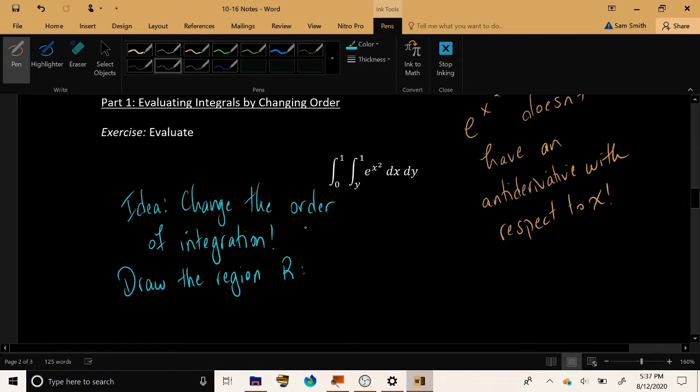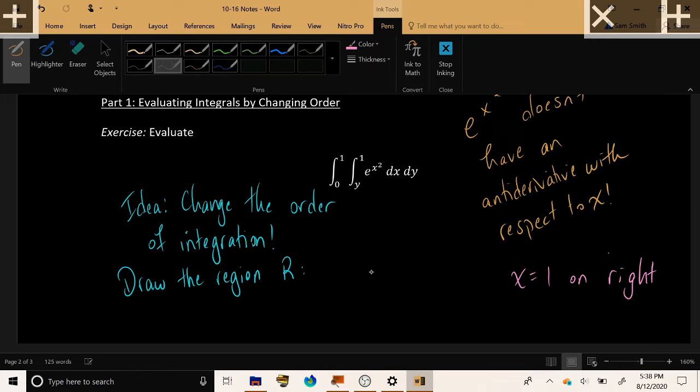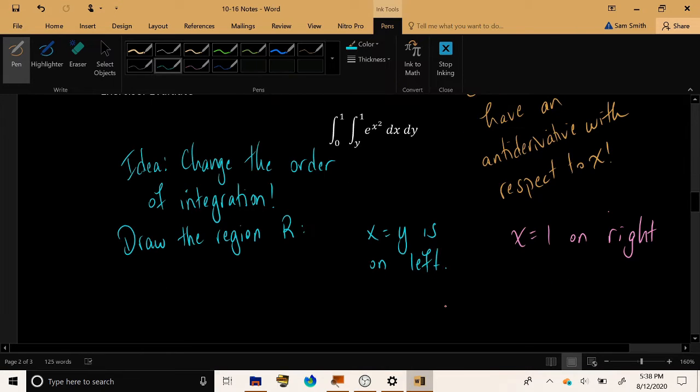So let's analyze these limits of integration and let's work backward from the limits to the region R. Now, the innermost limits of integration tell me that x equals 1 is on the right side of the region, and x equals y is on the left side of the region. That is the analysis that we used to set up those inner limits of integration.